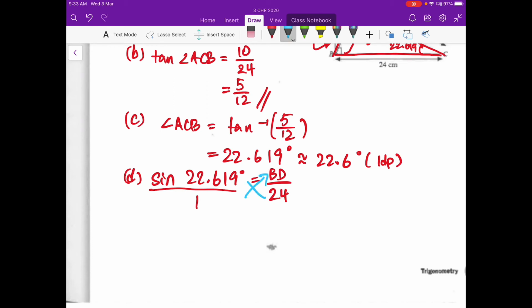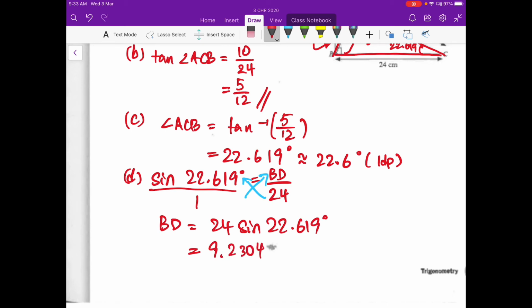Let us cross, and BD equals 24 sine 22.619. Then press calculator. Okay, now this is in 3 s.f.